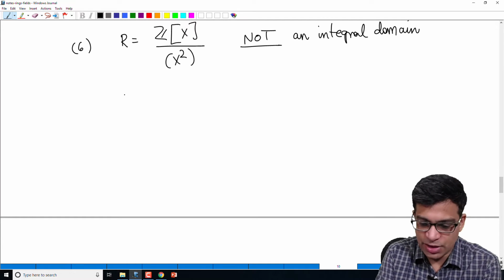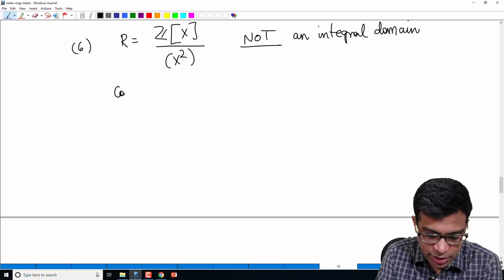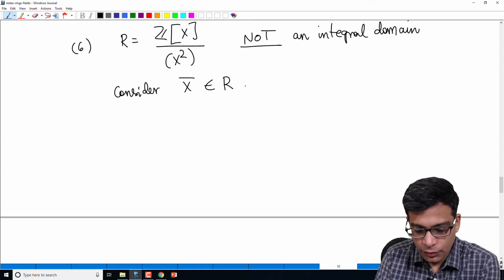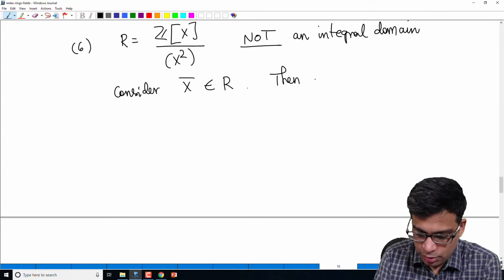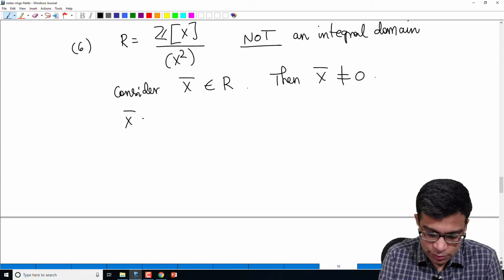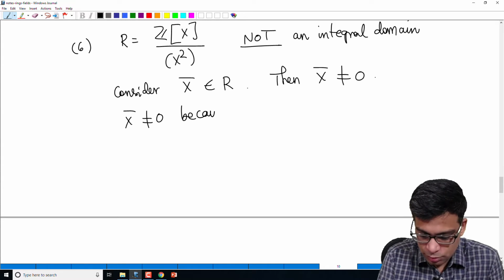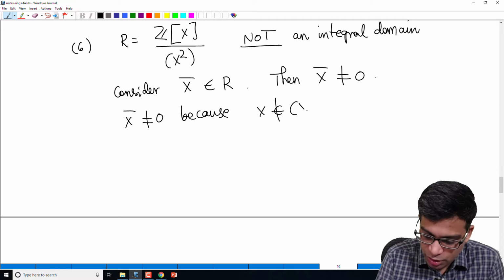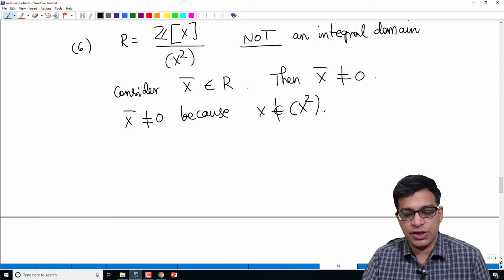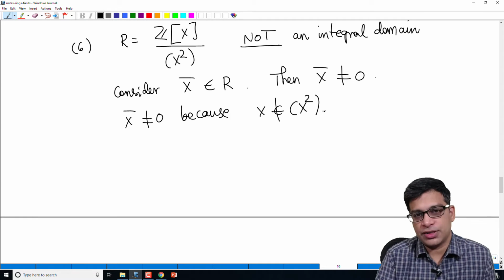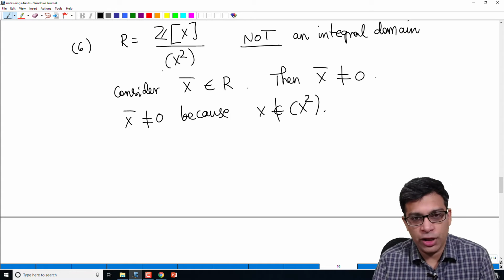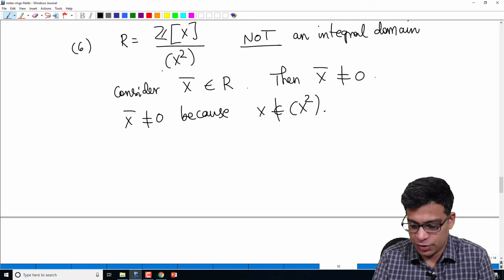In this case it's trivial, because consider the residue of x, so consider x bar in R. Then x bar is non-zero. Why is this? x bar is non-zero because x is not in the ideal (x squared). Remember, a residue is 0 if and only if, before taking the residue, the element is in the ideal that you are quotienting by, which is (x squared).